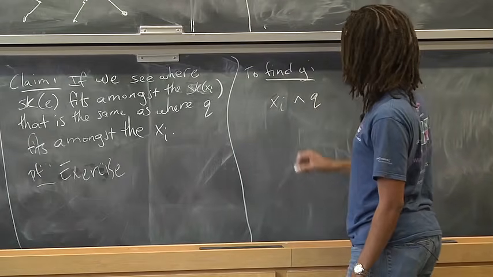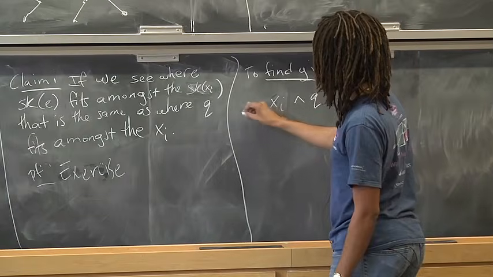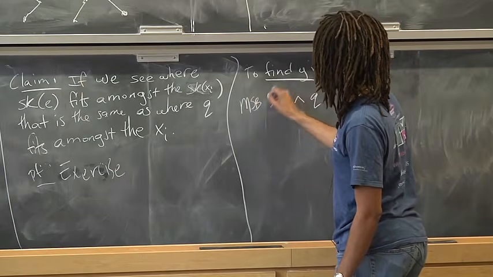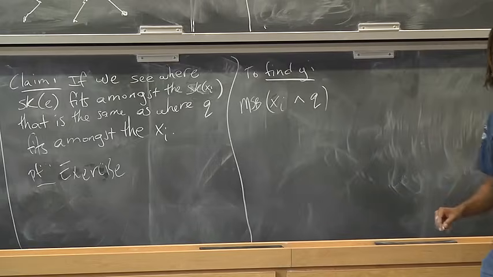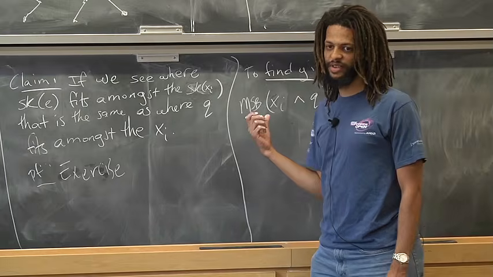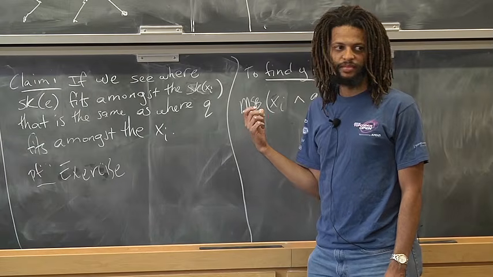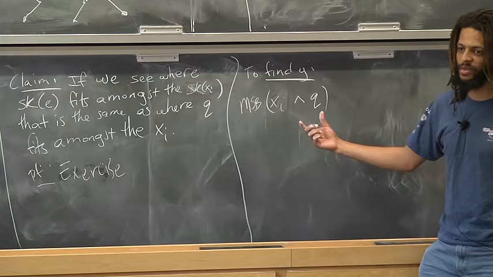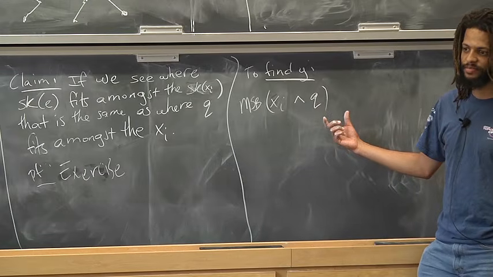Q. Right. Okay, people agree? People see what's going on here? So xi XOR q is telling you the bits that are different.